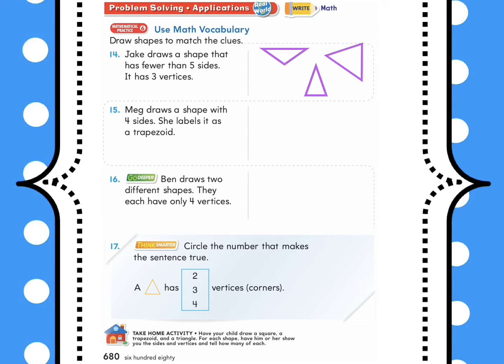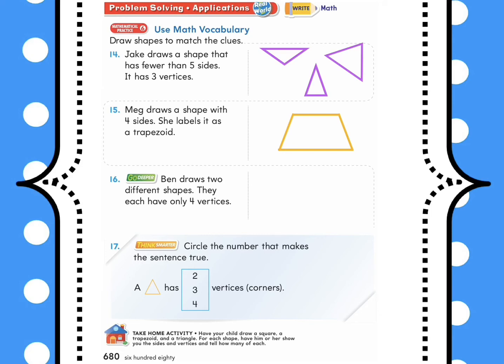Question 15. Meg draws a shape with 4 sides. She labels it as a trapezoid. Do you remember how we draw the trapezoid? Very good. It has 2 sides that are parallel. They will be drawn in the same path or the same way.